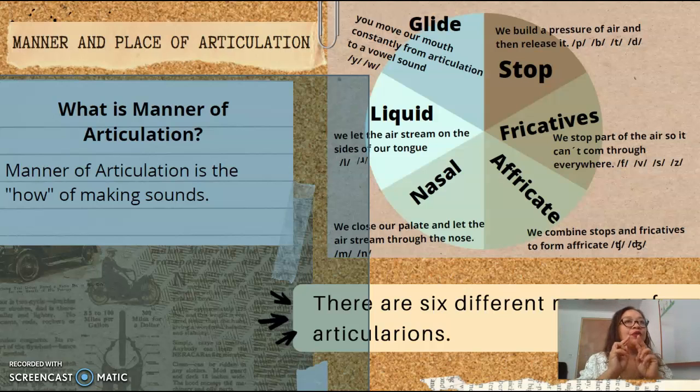We combine both the stops and the fricatives to make the affricates. Ch. J. Then the nasals. We close our palate and we let the air come through the nose.